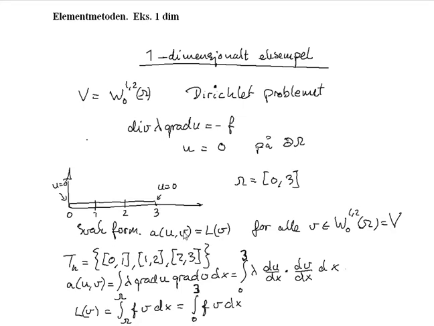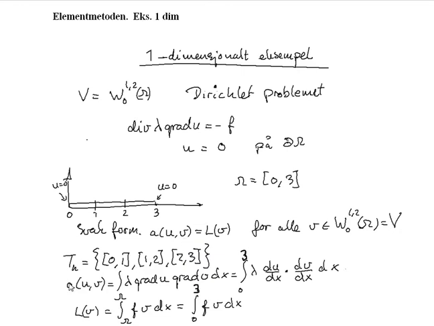So here is the weak formulation of the problem. We want to find the solution U such that A of U, V is equal to L of V for all V in the Sobolev space W_0. Here we have just replaced this phi by V, but it does not matter what symbol we use.